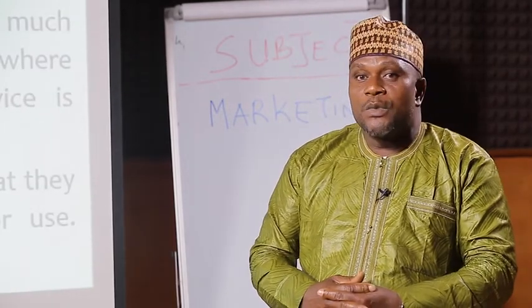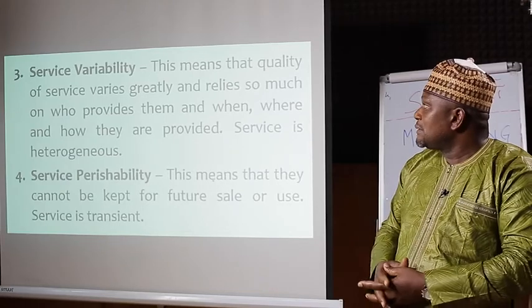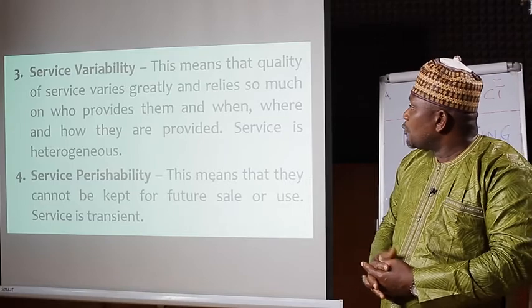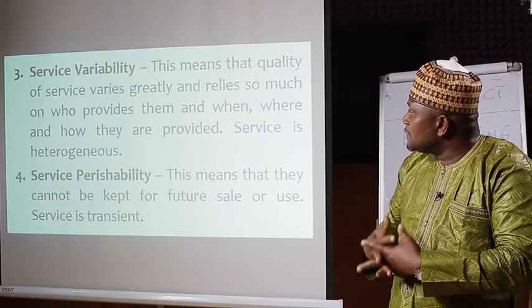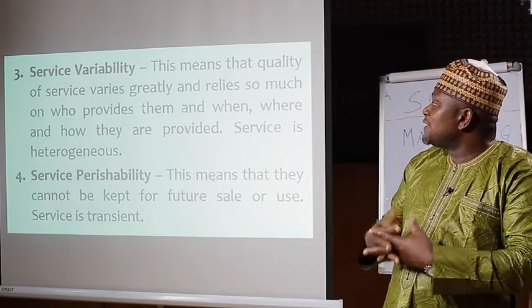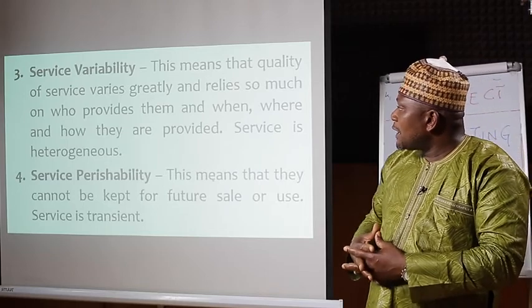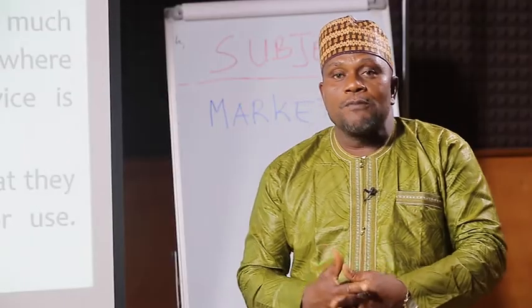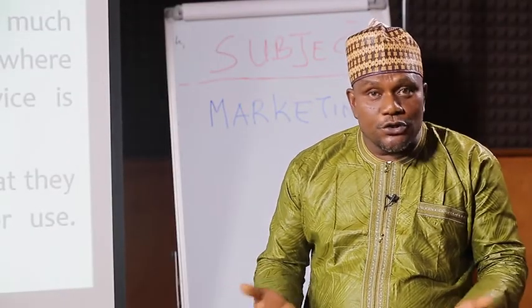Number three, we talk about service variability, which is the quality of service that varies greatly and relies so much on who provides them, when, where, and how they are being provided. Service is heterogeneous. For instance, you have a tailoring shop.